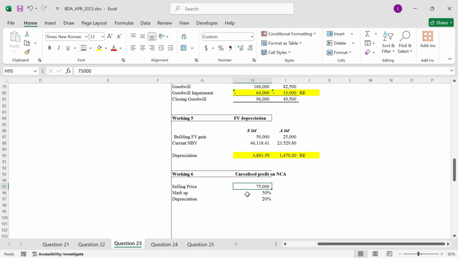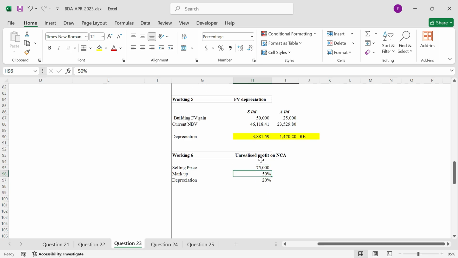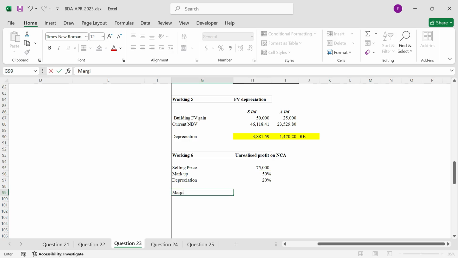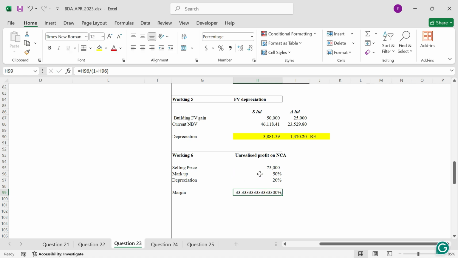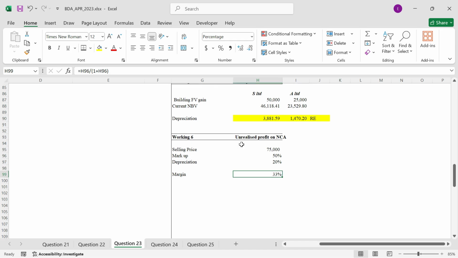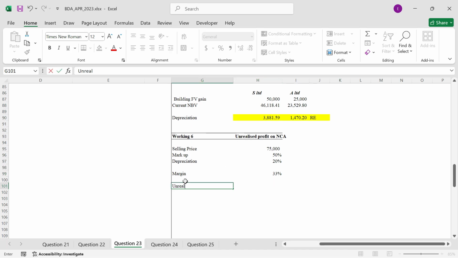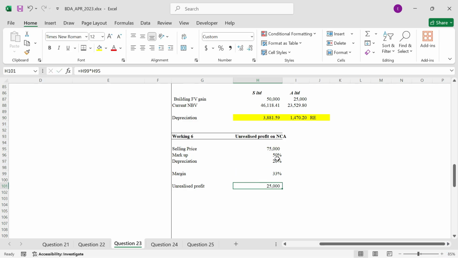The first thing is to convert my markup to a margin, because margin equals selling price, so the markup equals cost. So my margin will be given by the markup divided by 1 plus the markup, which is 33%. So the unrealized profit is 33% of 75,000, which is 25,000. This affects my retained earnings.